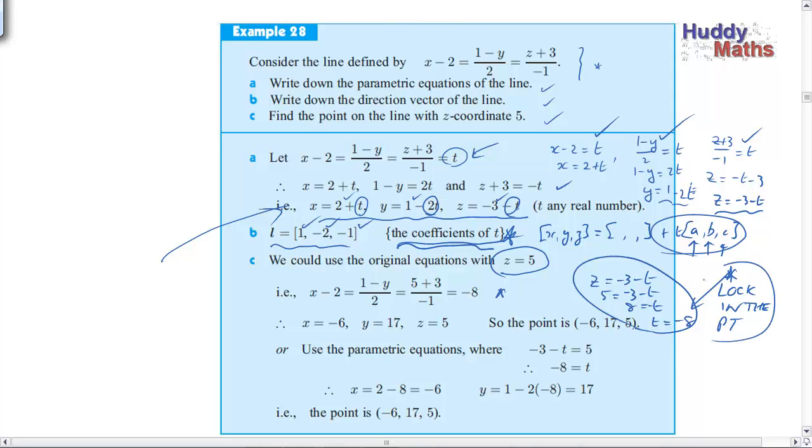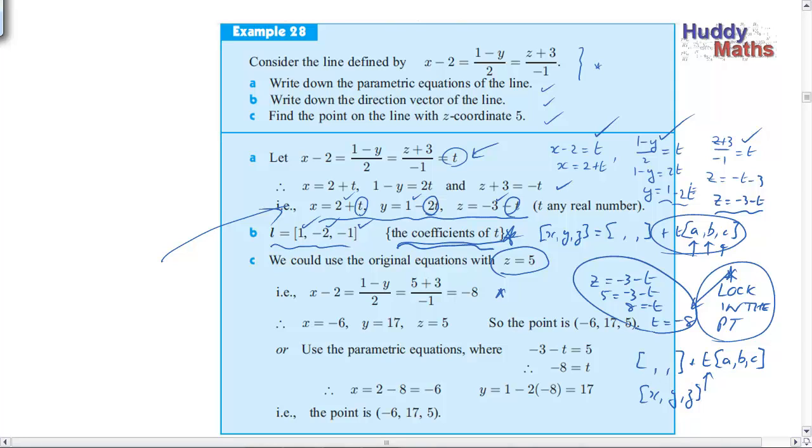Don't you? Because you're saying exactly how far along the line from the given point, the given vector, you're going to go. And once you say t is a value, then you're locking in a point. Fix that, and you've got x, y, and z fixed.